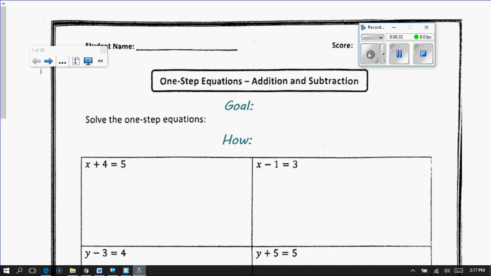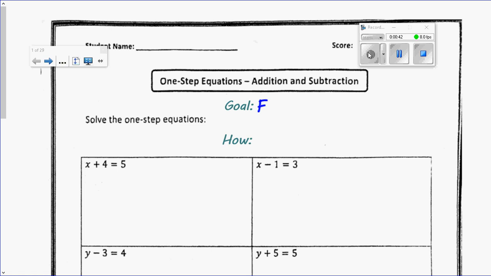Once these few weeks are over, then we will go back to our workbook and we will continue in Module 3. Okay, what is our goal? Our goal in these is to find the value of one whole positive x. Go ahead and write that down.